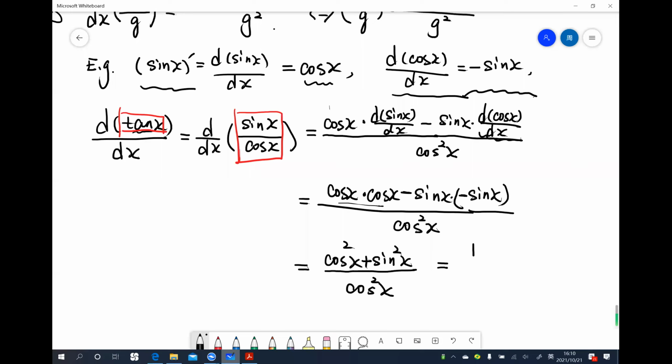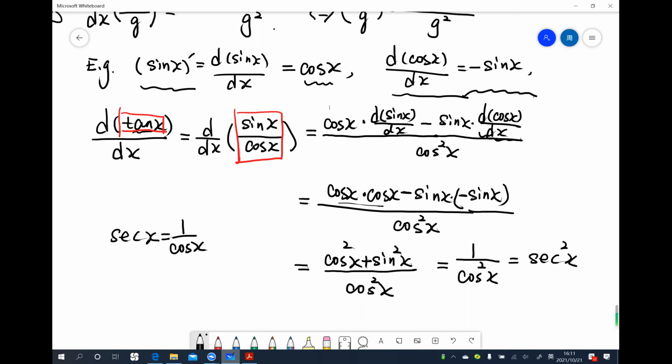So that is 1 by cosine x squared. And remember that we have learned that secant x equals 1 by cosine x, right? So that equals secant x squared.